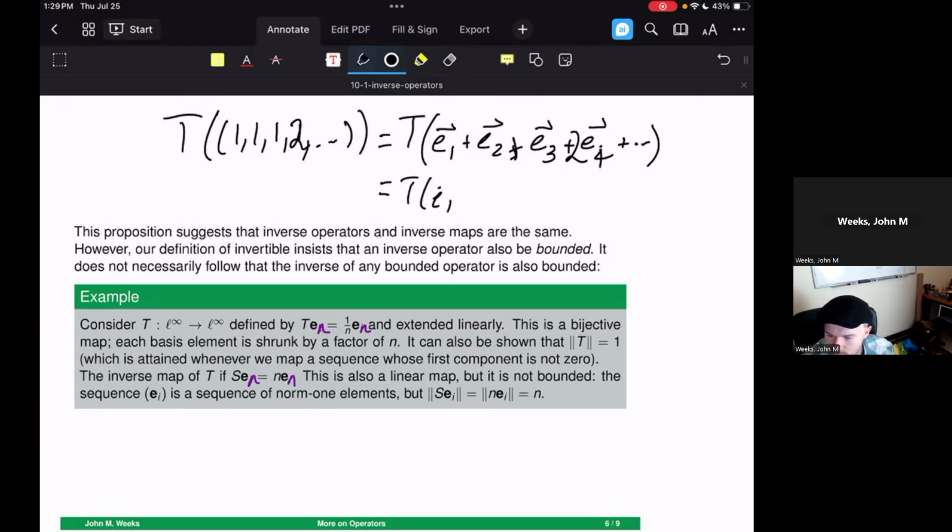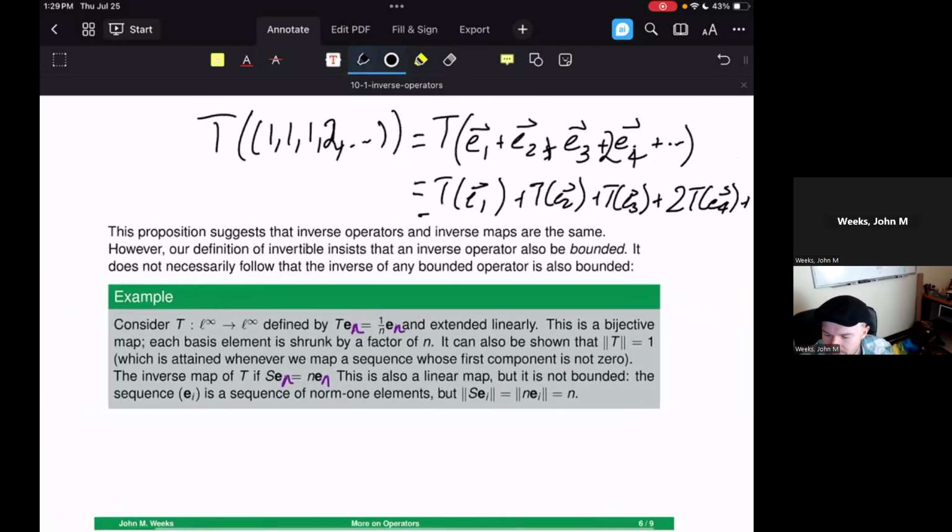This is Te1 plus Te2 plus Te3 plus 2 times Te4, and so on and so forth. And we can just take whatever those sequences are and map them and put them together. This will still be the sequence 1, 0, 0. Te2 is a 1 in the second position, but I'm also going to be dividing it by its index. So that index is 2.